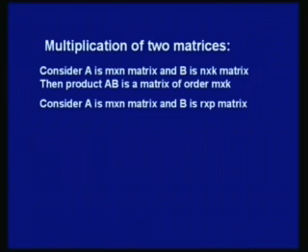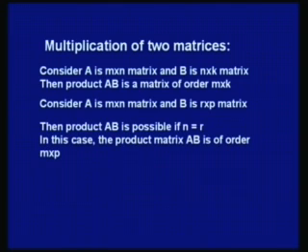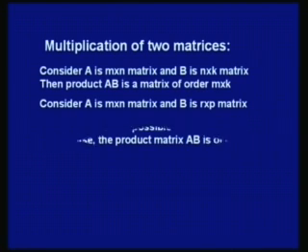Like, consider A is an m by n matrix and B is an r by p matrix, then the product AB is possible if n is equal to r. The column size of matrix A must be the same as the row size of matrix B. So, this product is possible only when n is equal to r.